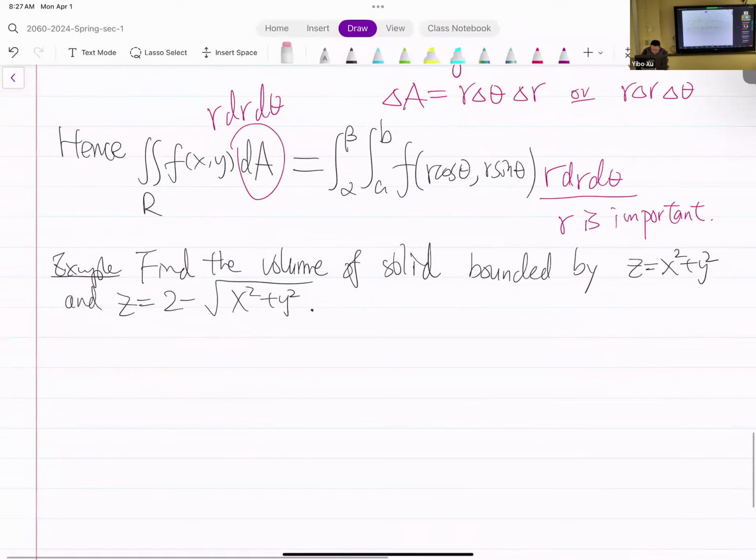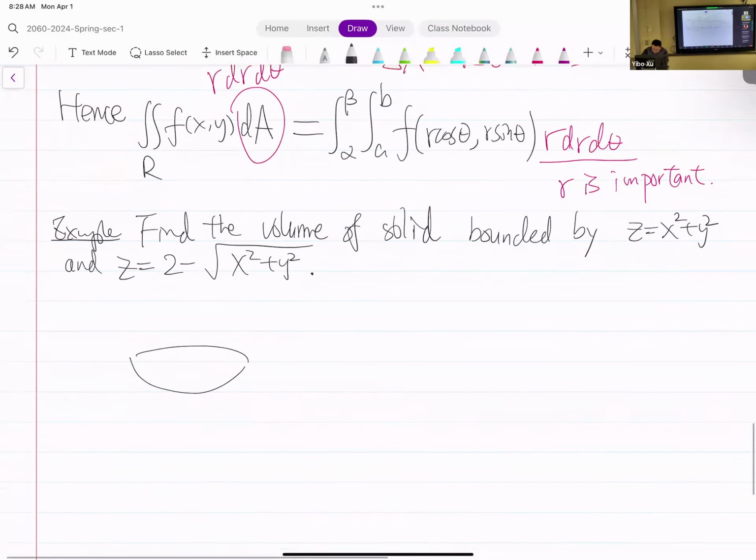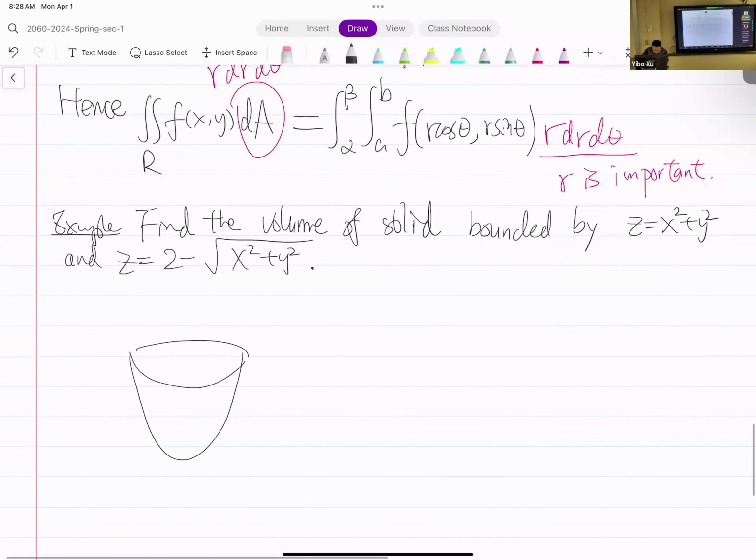Here, z equals x squared plus y squared is actually a paraboloid opening upwards. If you want an illustration, it's something like this.